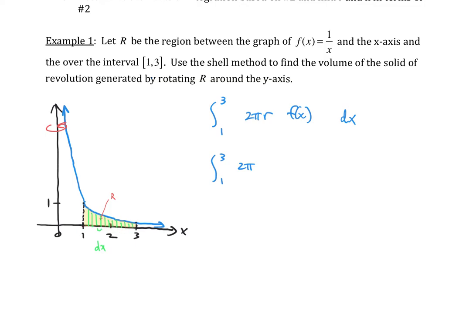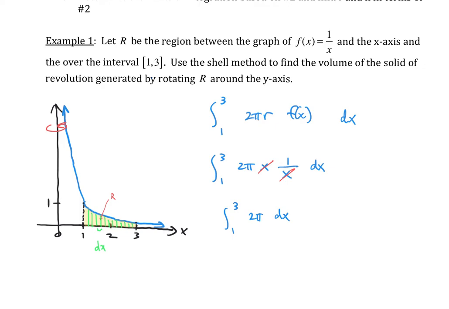So my radius is going to be x. The height of my function is going to be the function value evaluated at x. So that's going to be 1 over x. And then I have dx like this. Okay. So looks like we got some nice cancellation here. x times 1 over x is just 1. So really my integral becomes the integral from 1 to 3 of 2 pi dx.